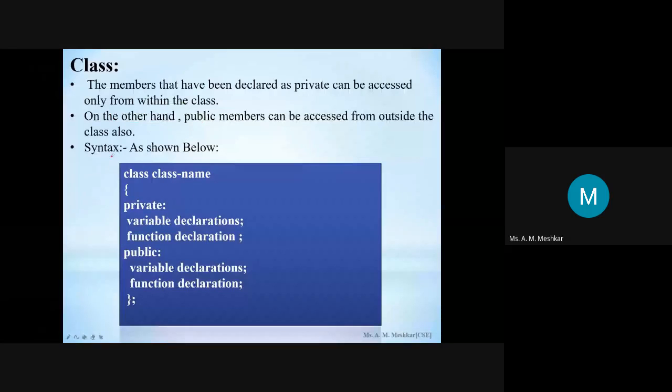See this syntax, how you write the class: class, then the class name, and then you declare the functions and variables which are private to that class, and functions and variables which are public to that class. Writing private and public access specifiers above these declarations means that the private members can be accessed from within the class only.